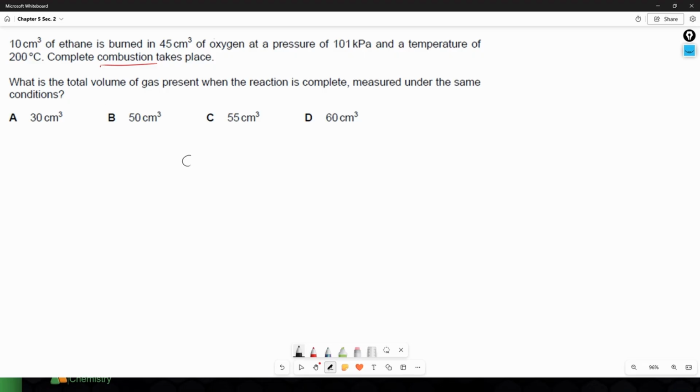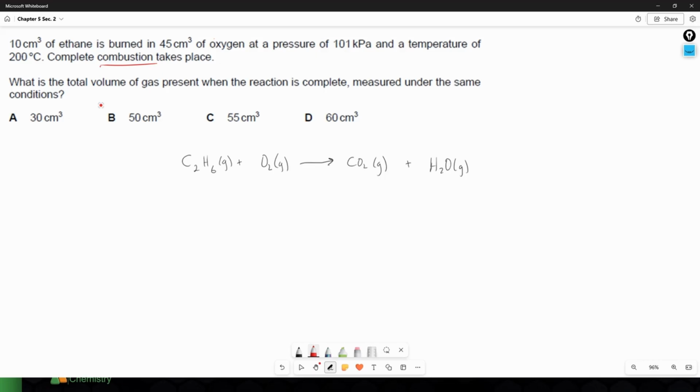Ethane is C2H6, and that's a gas, burned in oxygen, O2 gas, in a complete combustion. We learned in honors chemistry that because we have carbon and hydrogen, the products will be CO2 gas and water, H2O, which will also be a gas because of the heat created by a combustion. We will obviously need to do balancing here.